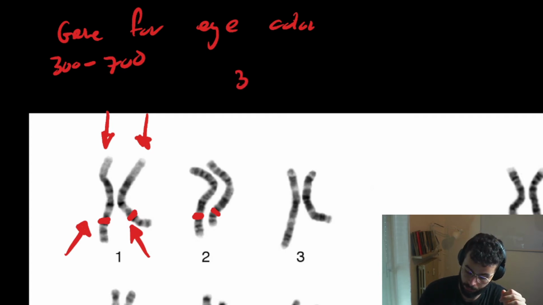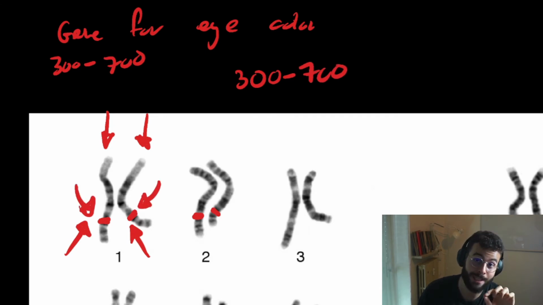So between nucleotide 300 and 700, on both DNA molecules, they code for the same gene, but they are different alleles. It's the same gene. It's the eye color gene, but the allele itself is different. It varies between the different kinds of alleles.